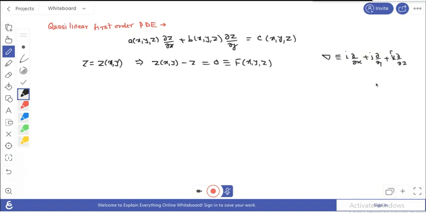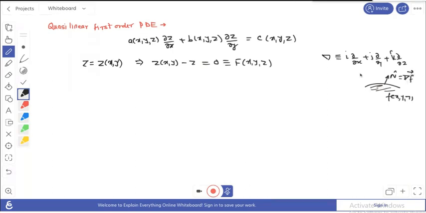And this gradient vector is basically the normal vector to this surface. Okay, so if this surface is defined by any function f(x, y, z), then your normal vector is the gradient of f. Okay, this is your gradient vector.